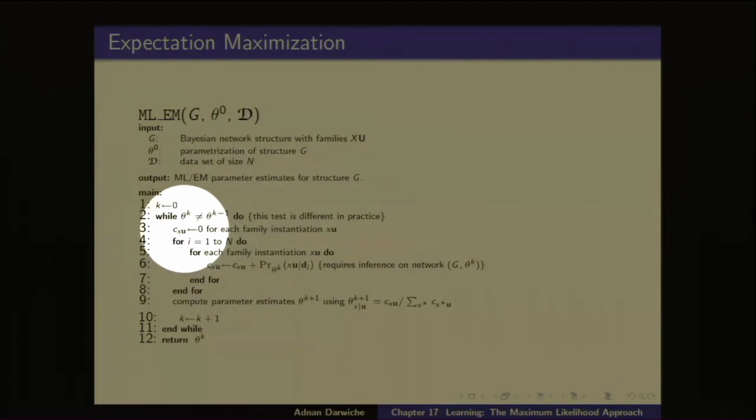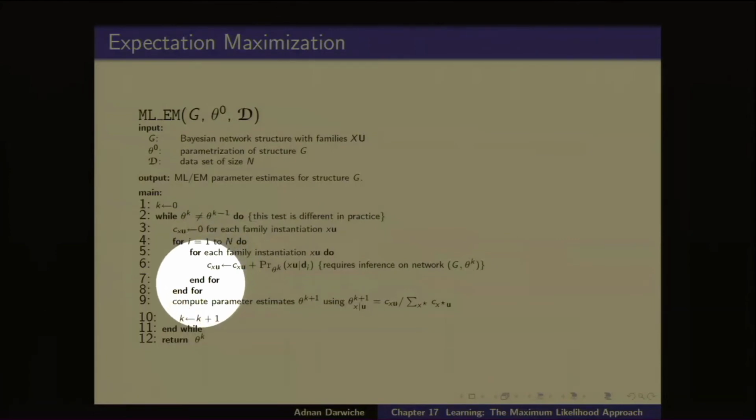Look at what's happening. These are the counters. You initialize these counters over families, and then iterate over the data set from i equals 1 to n, and for each family you do this. If you're using a joint tree algorithm, you condition on example i, run the joint tree algorithm, and get all the marginals at once.